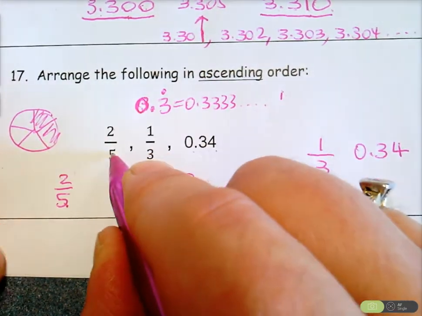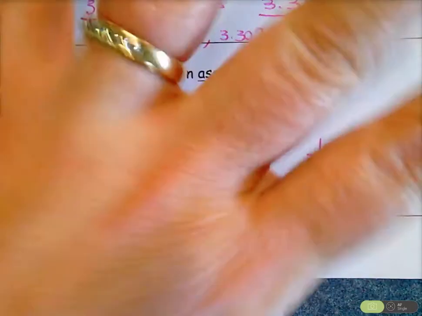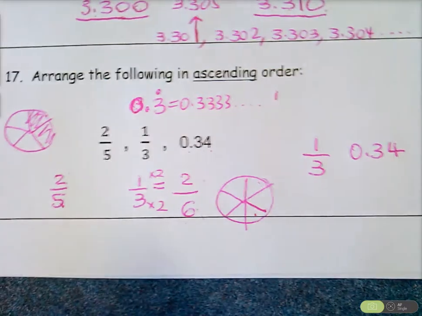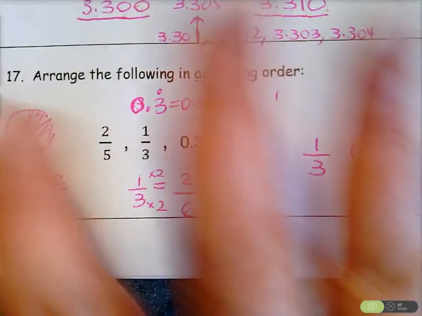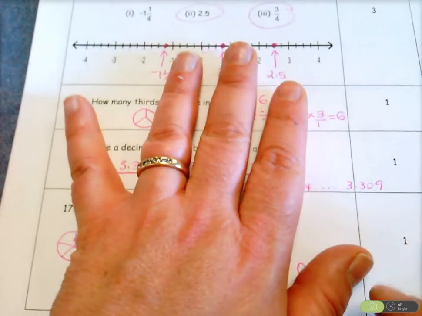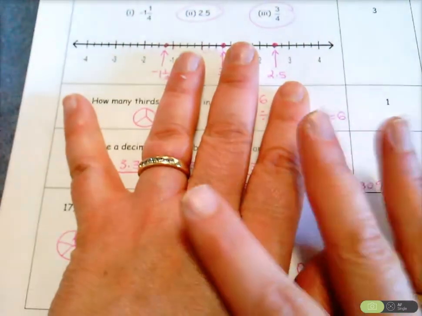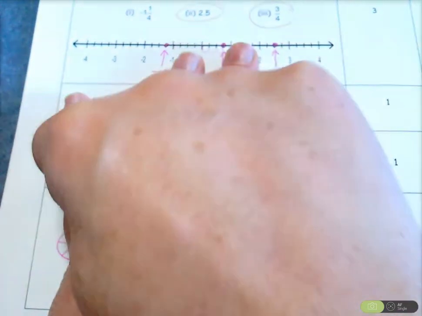Girls, do you know what 1/5 is? If I've got my hand, 5 fingers. Does anyone know what 1/5 is as a decimal? 0.2. So, girls, if I've got my hand, watch, 5 fingers on my hand, right? This hand. 1, 2, 3, 4, 5. 1 whole. 0.2, 0.4, 0.6, 0.8, 1.